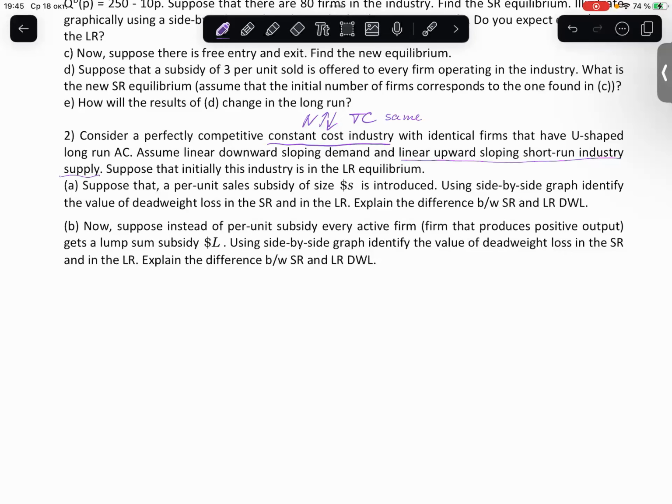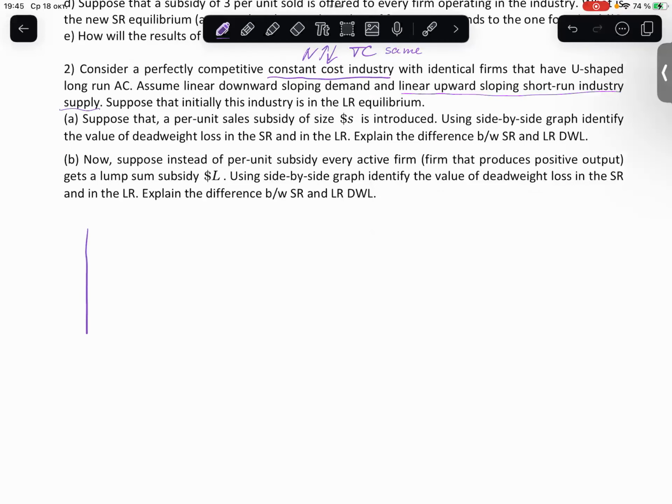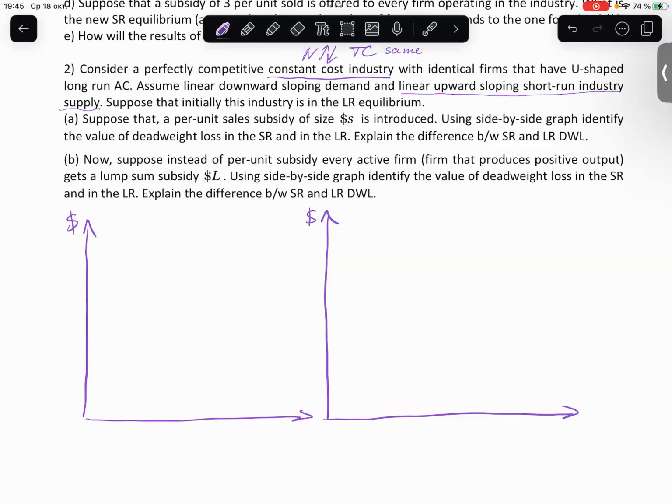Suppose that initially this industry is in the long run equilibrium. So let us draw the initial state of the world. We use two side-by-side graphs. The vertical axis is the money axis. On the left we will have the market, and on the right one perfectly competitive firm. That's why the horizontal axis in the market is Q capital and here Q small. Market demand is linear downward sloping.